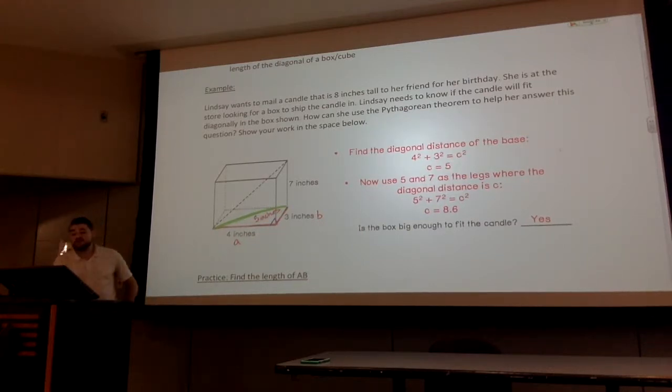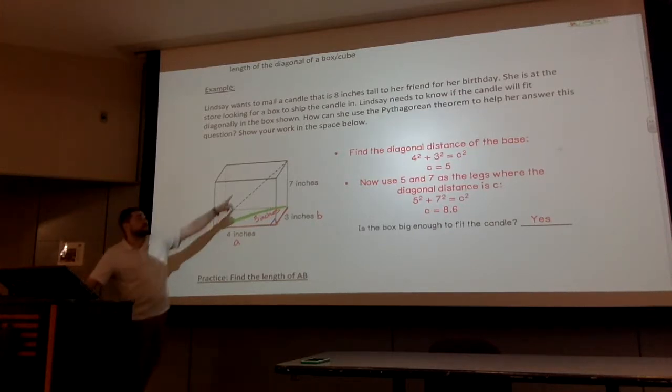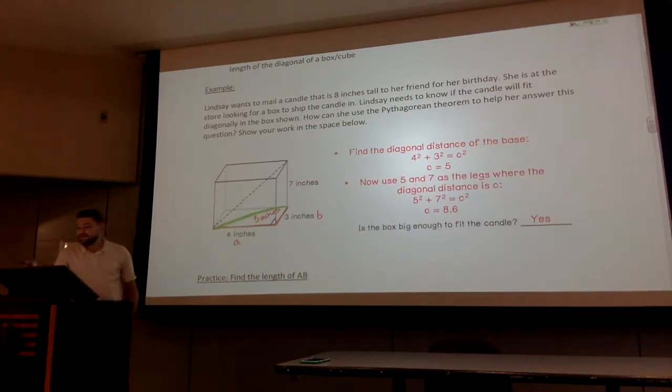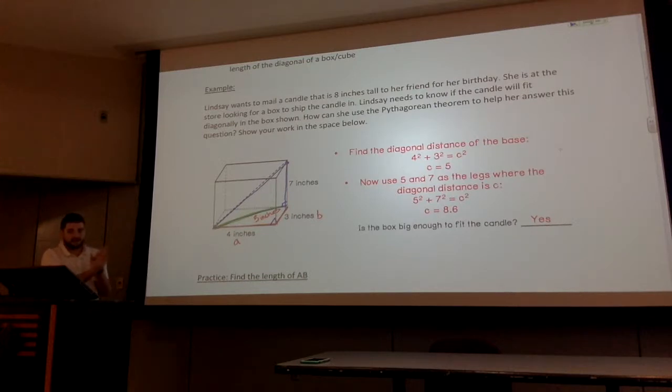Now, we can use this new length to solve for the length of the diagonal from the lower opposite corner to the upper corner we're going to. So now consider this triangle that we get, and our right angle is going to be here. It's almost like a triangle going through the center of the box diagonally.